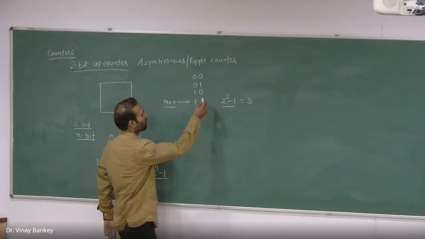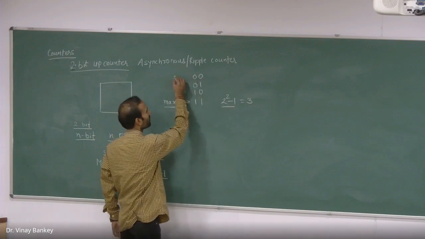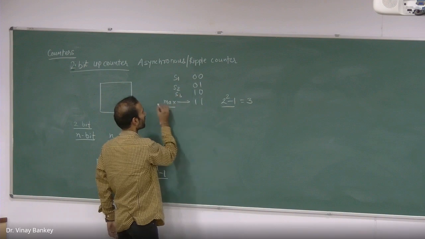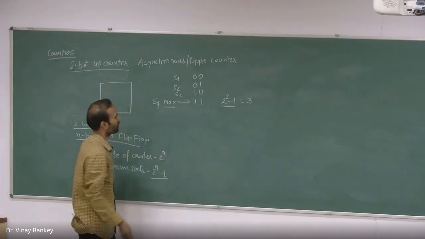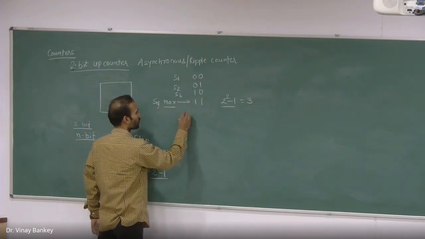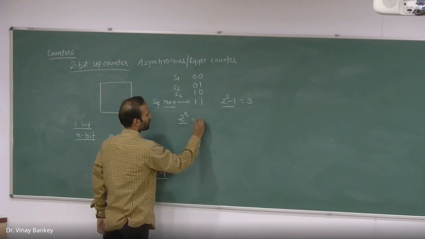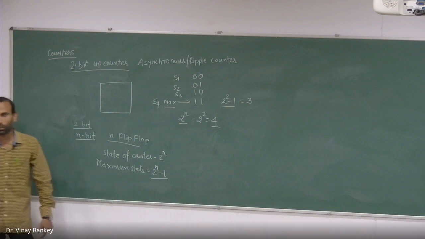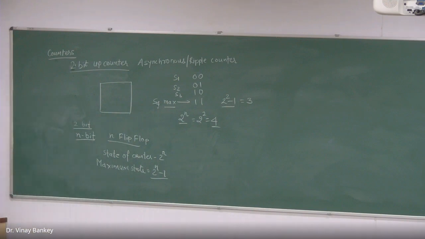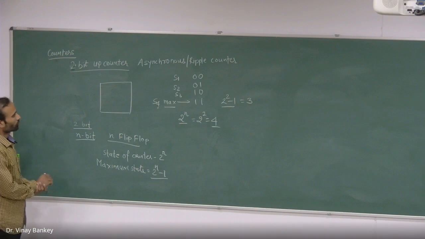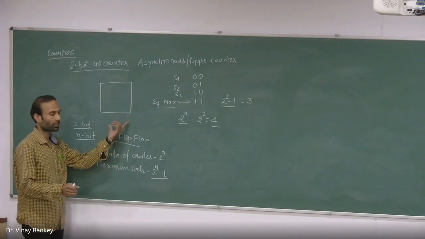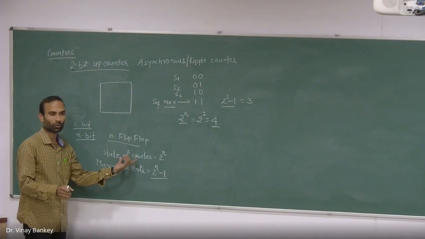So total states, how many states do we have here? S1, S2, S3, and this is S4, which is 2 to the power n, 4 states. Right? Also, the total number of states that a counter counts is called the mod or modulus.